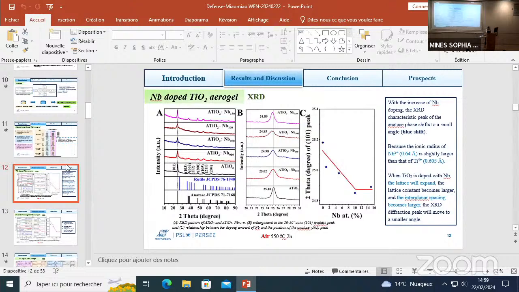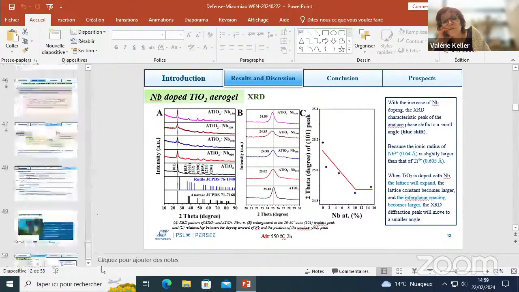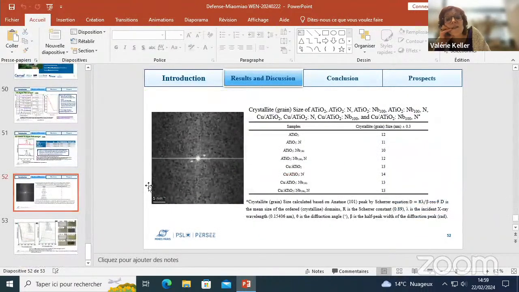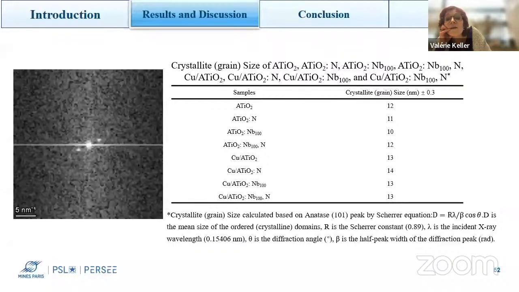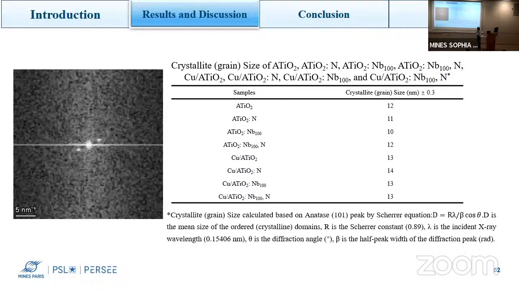Do you have an idea of it? After doping, it didn't change too much. It slightly increased, but basically the crystallite size remains the same. Okay.